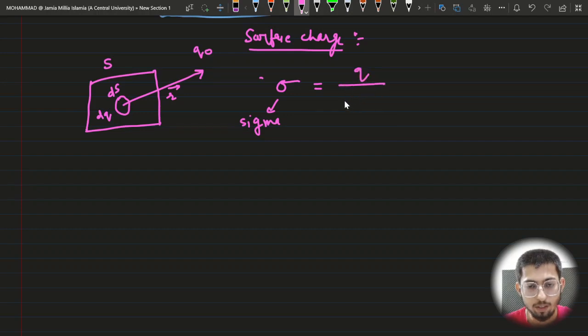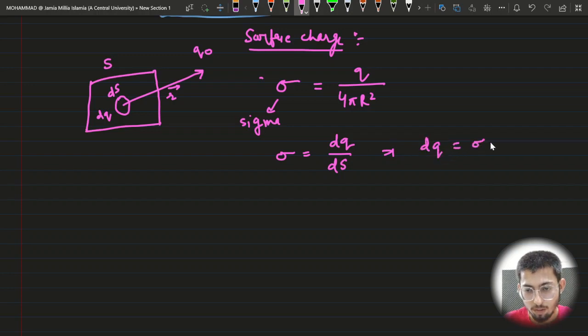What is the area of a sphere if we take it as a sphere, the surface? 4 pi r square, isn't it? And it can also be written as, due to the small charge dq, dq by ds, isn't it? And if you cross multiply, dq is sigma times ds.